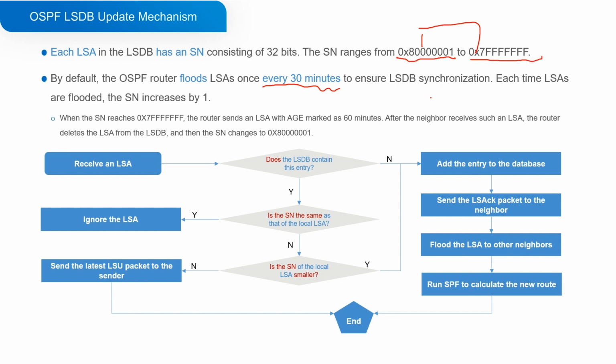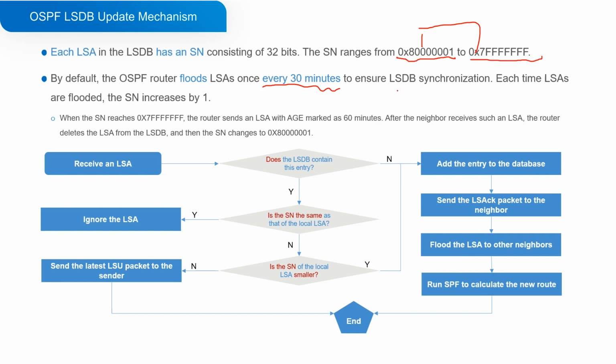We have to make sure every router has the complete RSA information and the complete RSDB. Every router has the same RSDB information so that they can use their RSDB to calculate the routing table by themselves. Each time RSAs are flooded, the SN increases by 1.